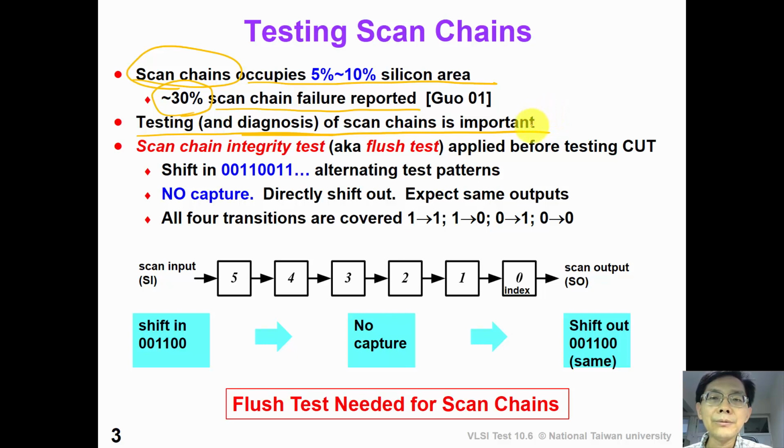Typically, before testing a CUT, we will apply a so-called scan chain integrity test or flush test.